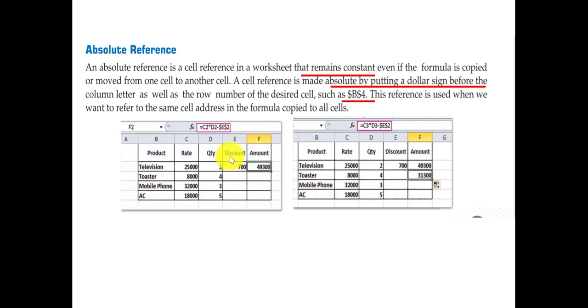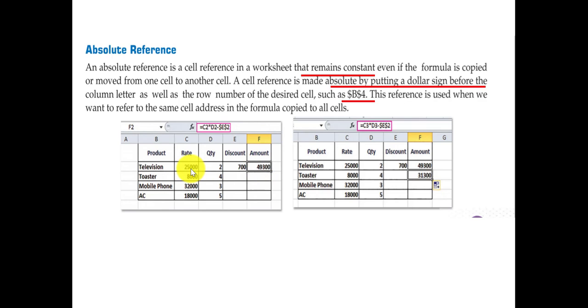Look at this data: product television, rate 25,000, quantity 2. Now the owner is giving a discount on the television. How will we calculate the total amount? Rate into quantity minus discount. What will be the formula here? C2 into D2 minus $E$2. 700 is the value in E2, $E$2.